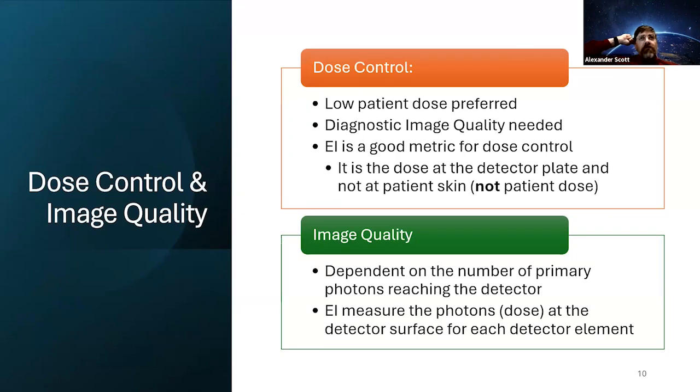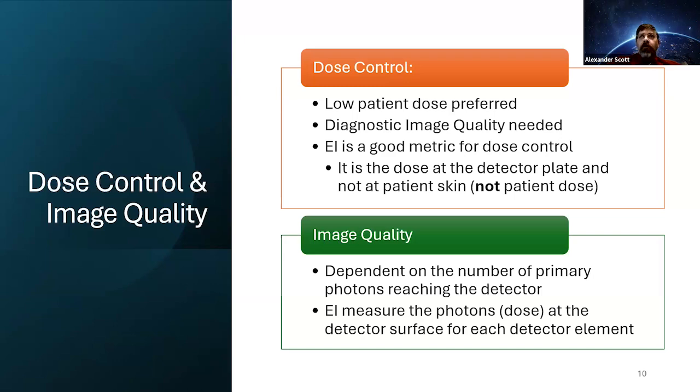So as I was mentioning before, we would like to have the lowest dose possible that will still give us adequate image quality. And the exposure index is the optimal dose metric for that. And the reason I say that is because the exposure index tracks the amount of radiation at the detector. And it's the detector that determines the image quality.